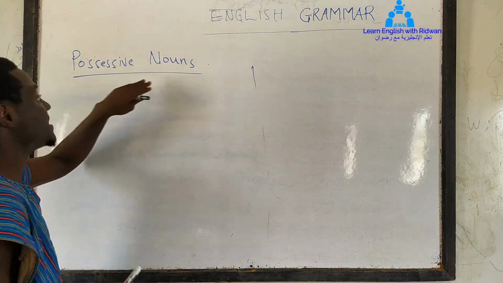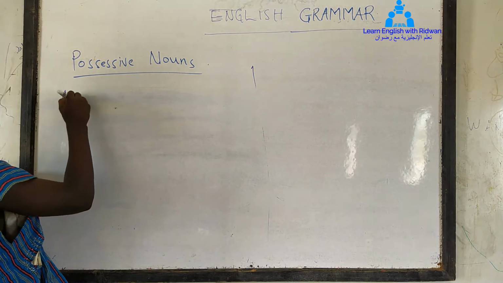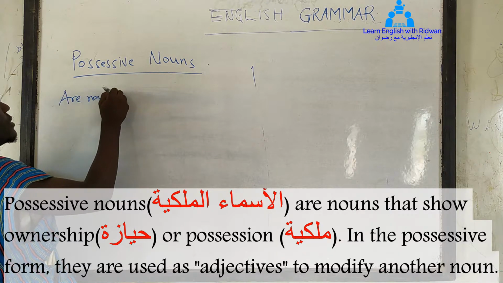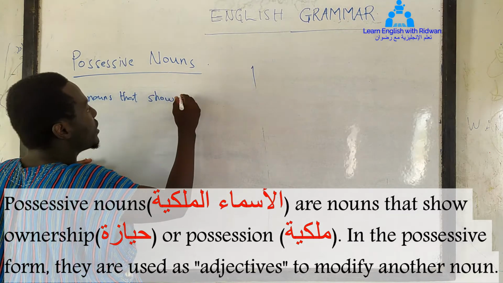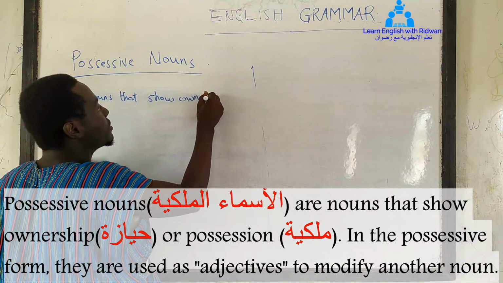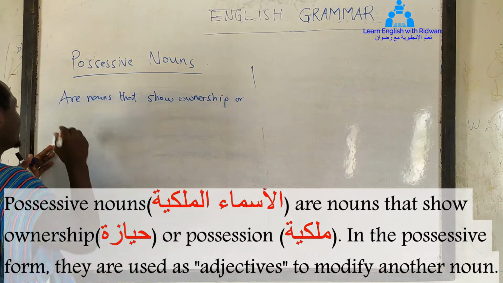So we say possessive nouns are nouns that show ownership or possession.